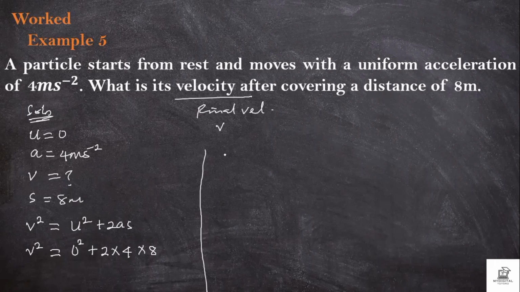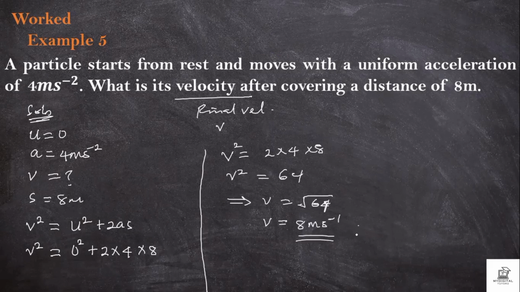So v squared is equal to 2 multiplied by 4 multiplied by 8, which is 64. That implies that v is equal to square root of 64, which will give us v to be equal to 8 meters per second.